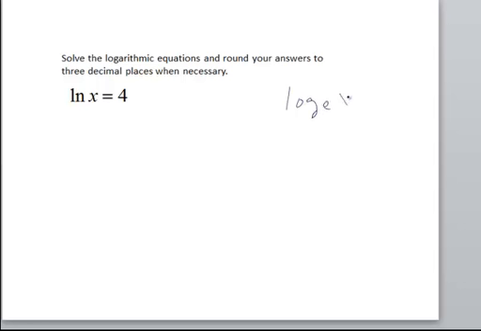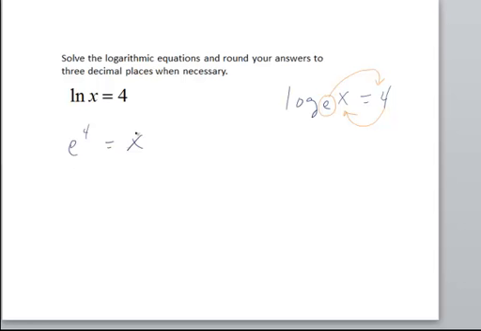So I have log base e of x is equal to 4. The log rule, or definition of a logarithm, says the base raised to the exponent must equal this number here. So using that definition to rewrite this without logarithms, I end up with e to the 4 is equal to x.